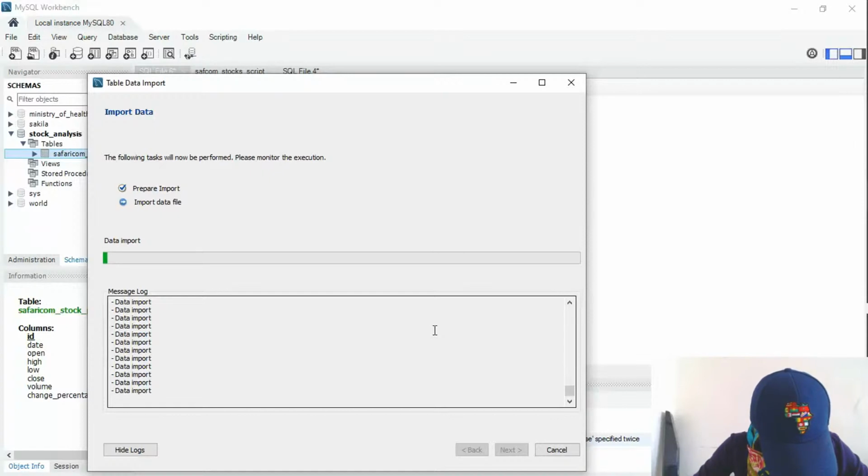Okay, what is the error Daudi is encountering? I think it's because our data is importing, and it's because of the rules, or rather the data type.